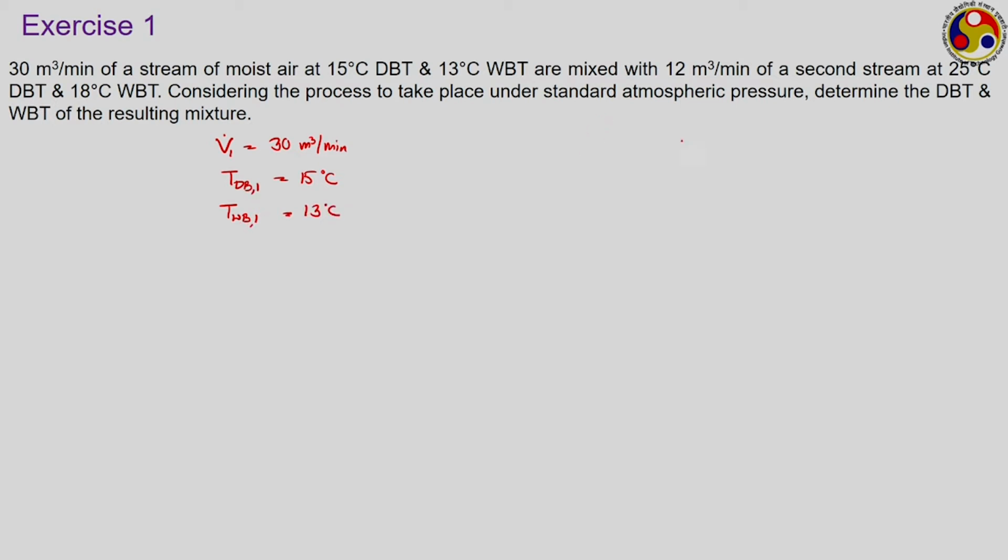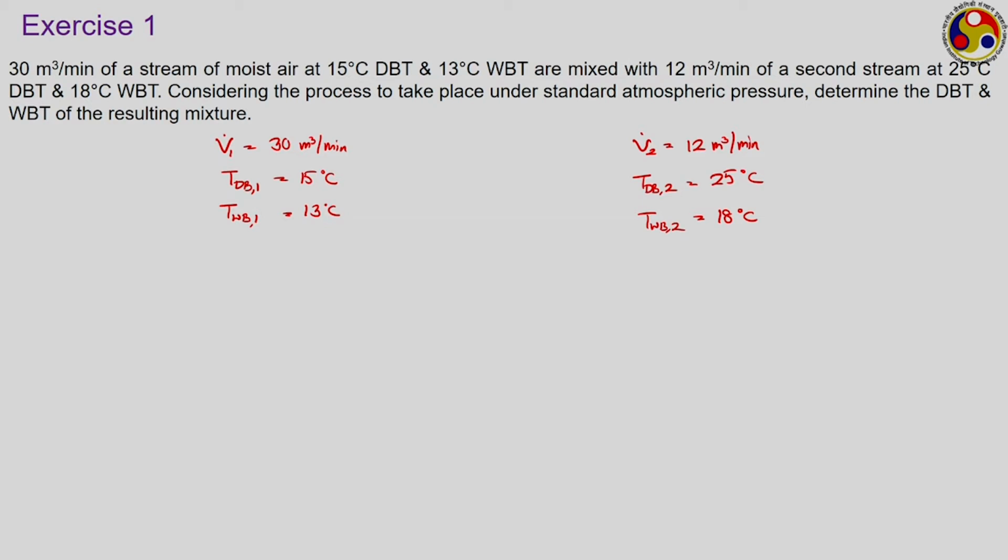For the second stream, the volume flow rate is given as 12 meter cube per minute. The dry bulb temperature corresponding to 2 is given as 25 degree Celsius, and the wet bulb temperature corresponding to 2 is given as 18 degree Celsius. We have to determine the dry bulb and wet bulb temperature of the resultant mixture.